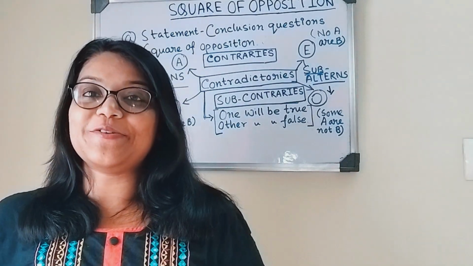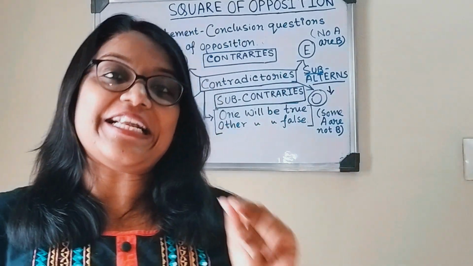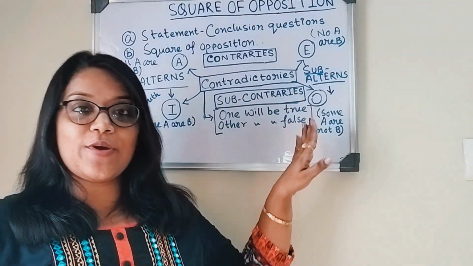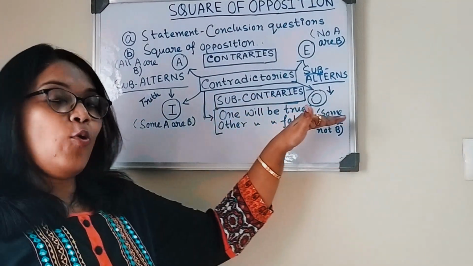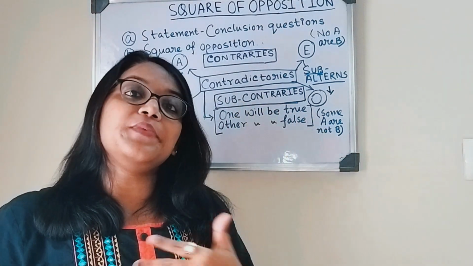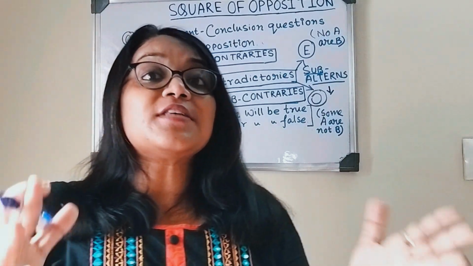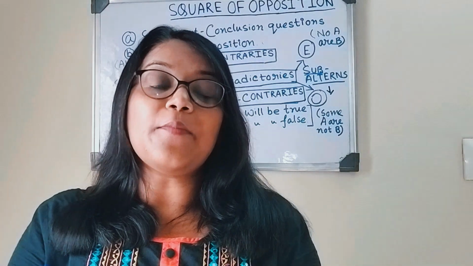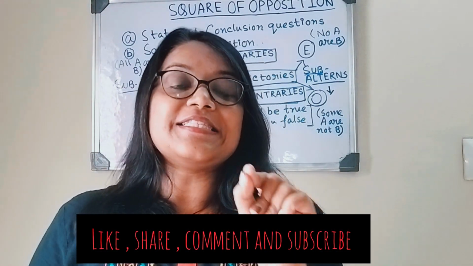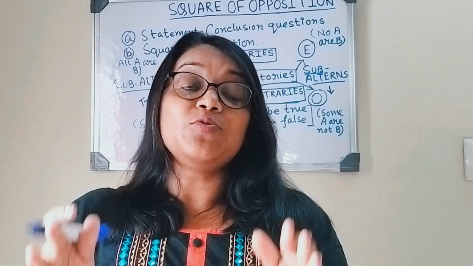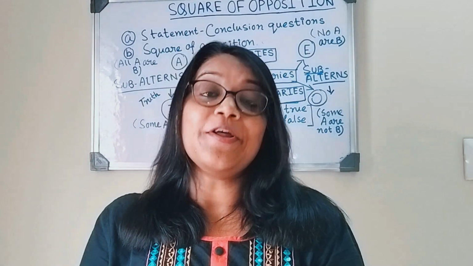So now coming to the next combination of the statement, and the next combination of the statement is subcontraries. Okay. So I and O basically are the pair of subcontraries. So what is indicated by the subcontraries? Subcontraries indicates that type of statement which can be true together but cannot be false together.